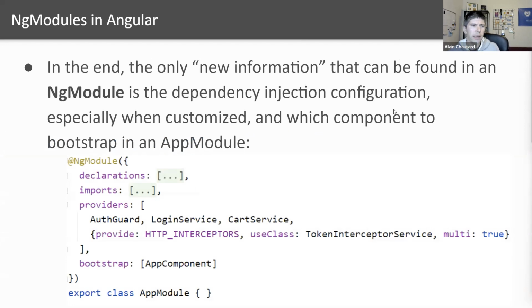So if we look at this decorator, the NgModule, the only new information that we have in here, meaning the thing that seems to make a lot of sense because it's not found anywhere else, that would be the dependency injection config, right? If you're doing something specific, such as declaring HTTP interceptors, like I do in this code example here, then that's the place to do it.